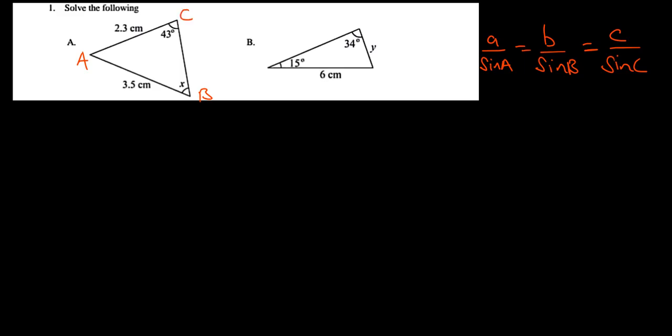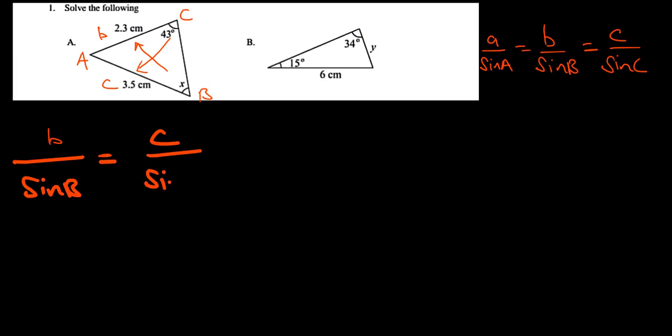It would mean that opposite to this B, I'll have my side b, and opposite to this C, we'll have my side c. So I can get the sine rule for these two sides: b divided by sine B should be equal to c divided by sine C.